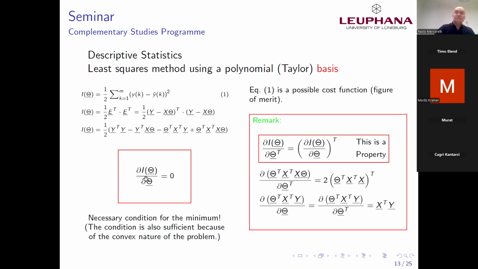This condition is necessary, and becomes sufficient when the function is convex. The derivative equal to 0 states exactly the minimum.